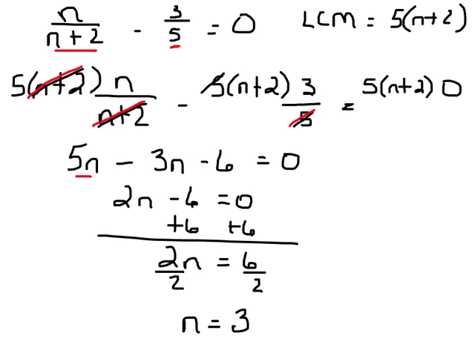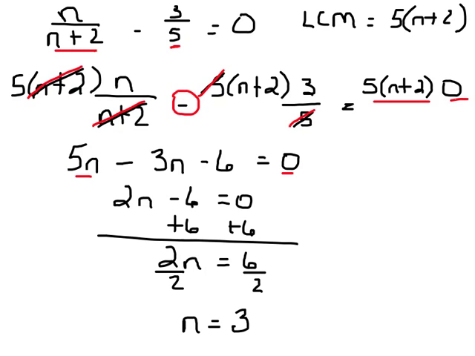Here, the two 5's are going to cancel out, leaving us with n plus 2 times 3. And using our distributive property, we know that 3 times n is 3n, and 3 times 2 is 6. But we put negative because this was a negative term to start with, so it's going to be minus 3n minus 6. And then we know that anything times 0 is going to be still 0.